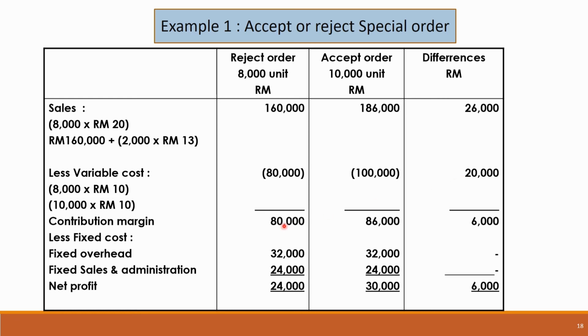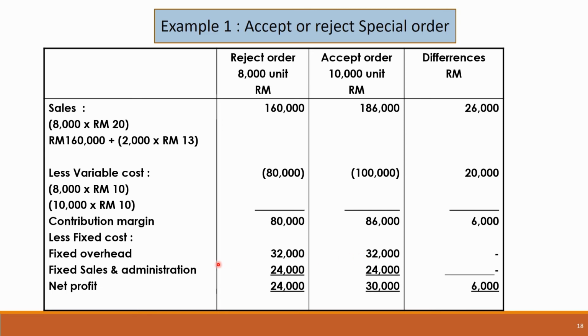And we have to calculate contribution margin: 80,000 for reject order and 86,000 for accept order. We can see that the contribution margin for accept order is higher than reject order, and the difference is 6,000. And we have to deduct fixed cost. We must record fixed cost as irrelevant cost because there is no difference between reject order and accept order.